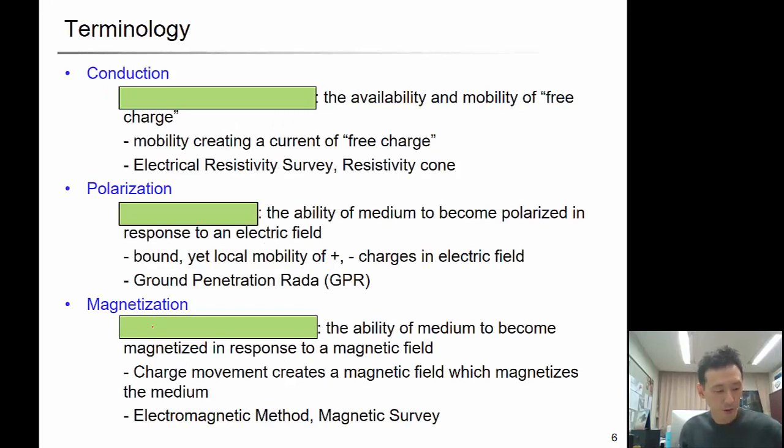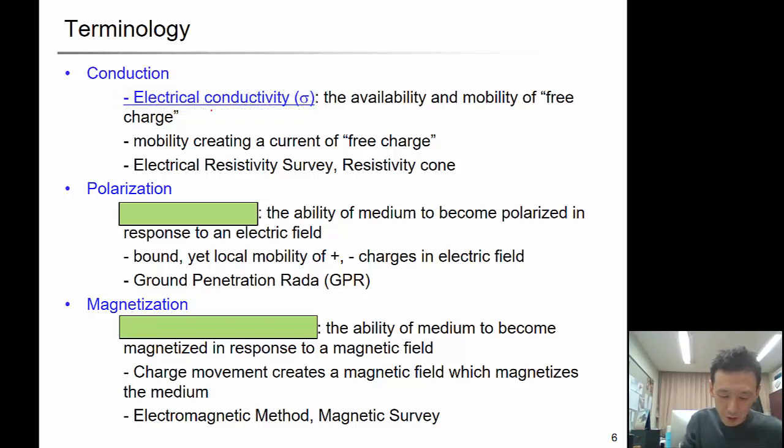Let's talk about some terminology. Conduction is the mobility of free charge. When electrons move, it's called conduction. The property that quantifies conduction is called the electrical conductivity of a material, and it shows the availability of the mobility of free charge in a certain material.